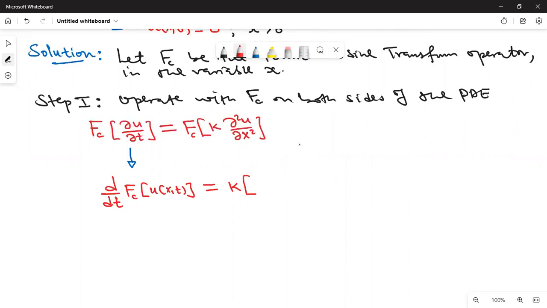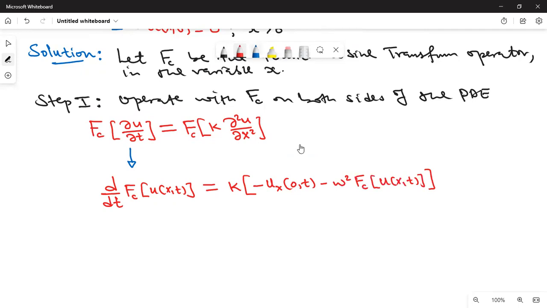That will give us negative u subscript x at 0 t, when x is 0, then minus omega squared times the Fourier cosine transform of u of x t. Remember the definition of the Fourier cosine transform. That's where you get it from.